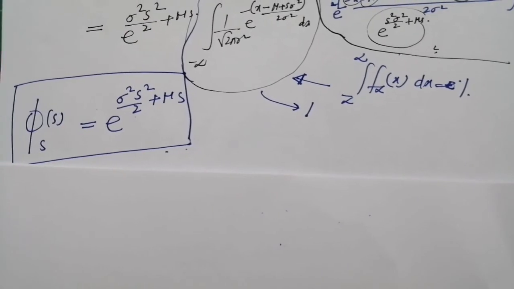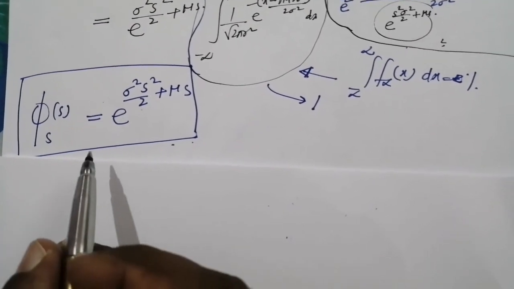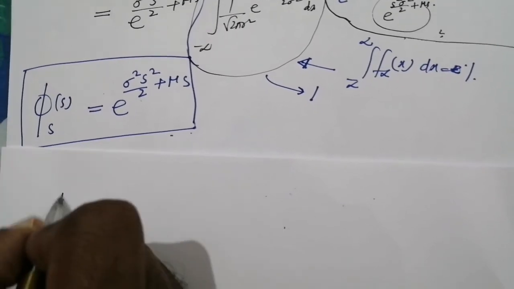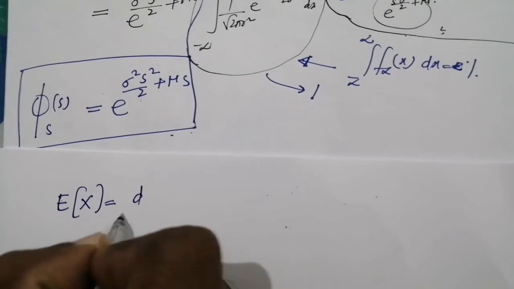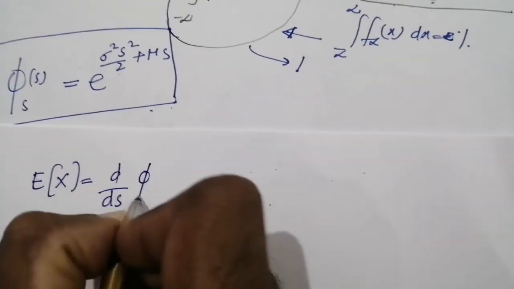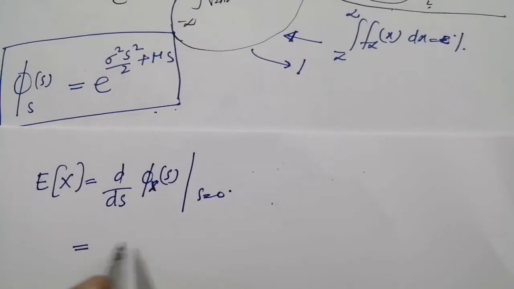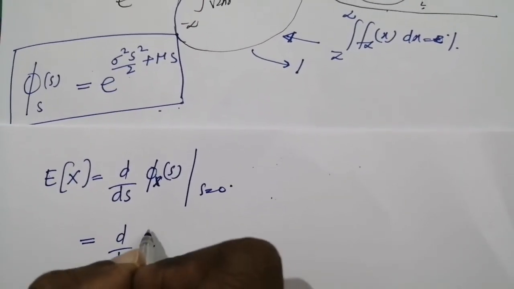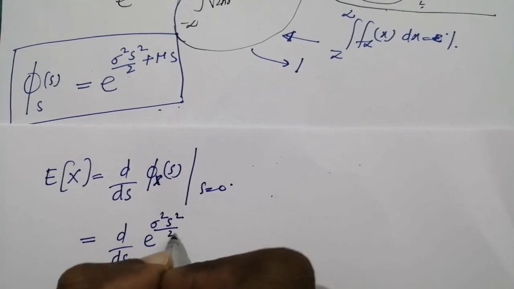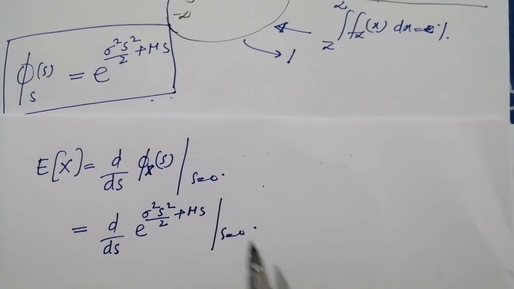Now we will find the mean and variance of Gaussian distribution using moment generating function. So we know how to find the mean. Expectation of x will be equal to d by ds of phi x of s, and put s equal to 0, right? So this will be equal to d by ds of e raised to sigma square s square by 2 plus mu s, and put s equal to 0.